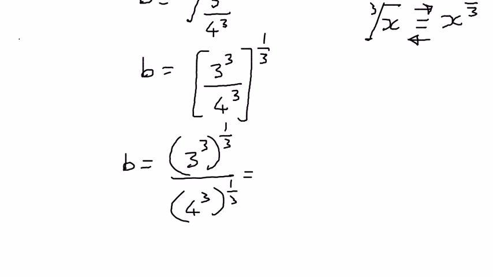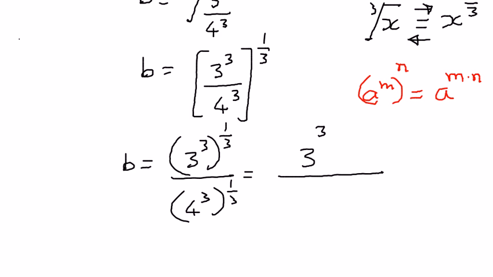One of the rules of exponents tells us that if we have a to the power of m and this is raised to another power n, we write the base once and multiply the powers. Therefore, we can write this as 3 to the power of 3 times 1 over 3, and in the denominator 4 to the power of 3 times 1 over 3.